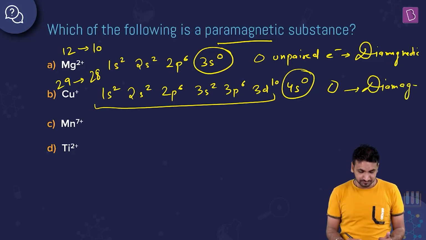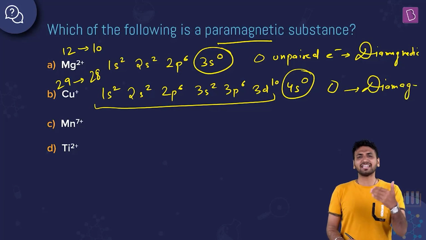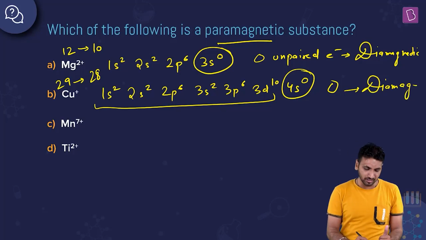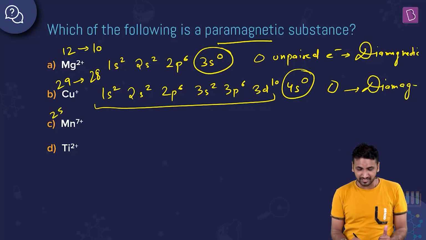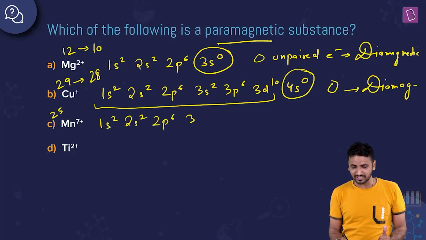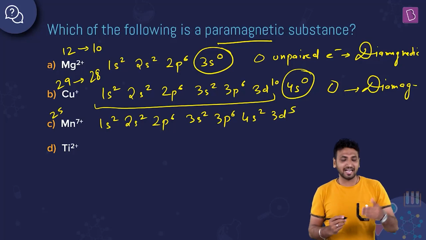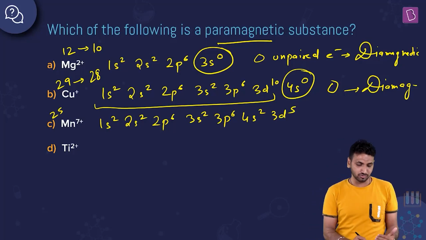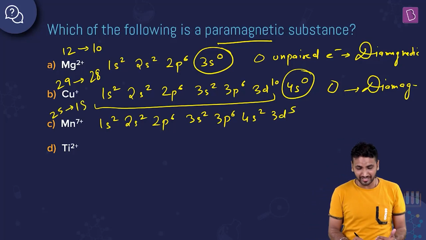Okay, moving further. Mn7+, manganese has atomic number 25. So if I write for manganese, 1s2, 2s2, 2p6, 3s2, 3p6, 4s2, 3d5, right? And for Mn7+, from 25 you are going to move to 18.